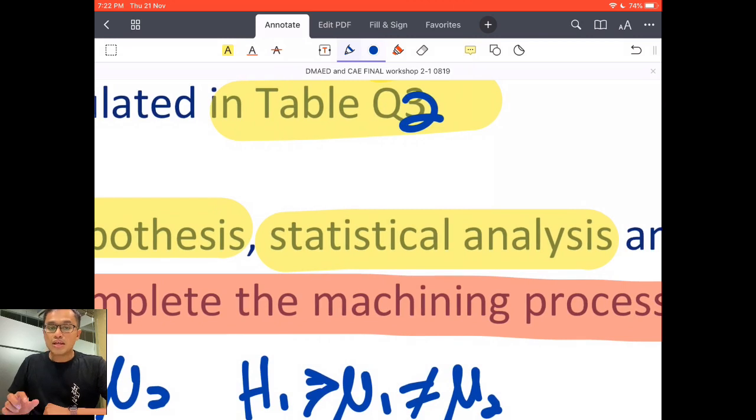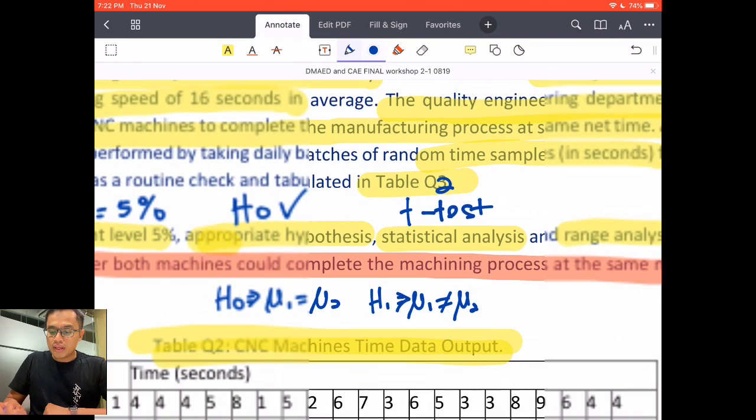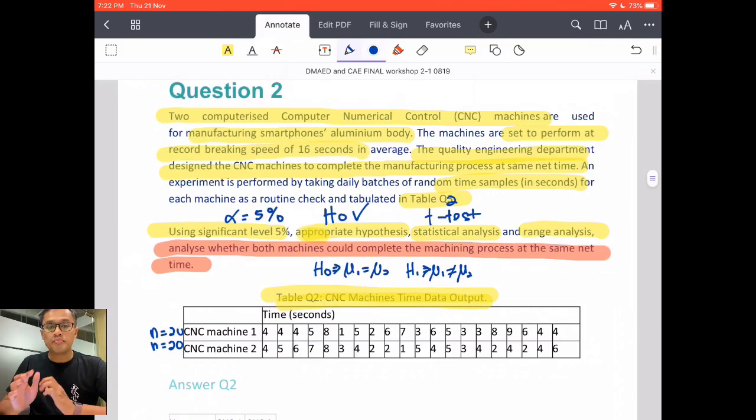Since we only have two groups, mu1 and mu2, and no standard deviation or variances are given, this is a t-test. As a rule of thumb, in your final exam, if it is a t-test question, I will deliberately write it in the question, so please use the t-distribution for your case.